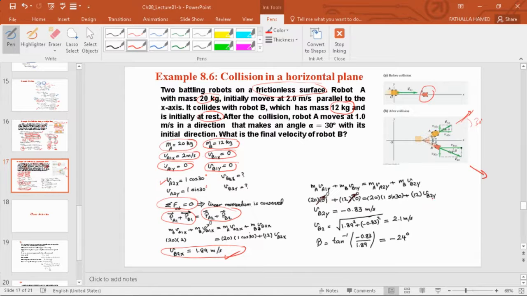The only thing you don't know here is VB2y, and we get VB2y as equal to minus 0.83 meters per second. So you can write now your velocity as 1.89 i hat plus, well, it's not a plus, it's a minus 0.83 j hat meters per second. And this here has to be VB2 after the collision.